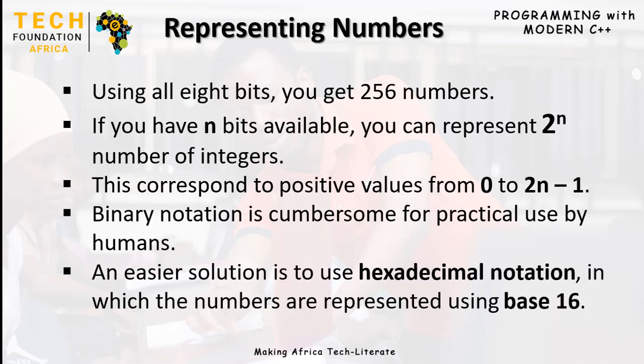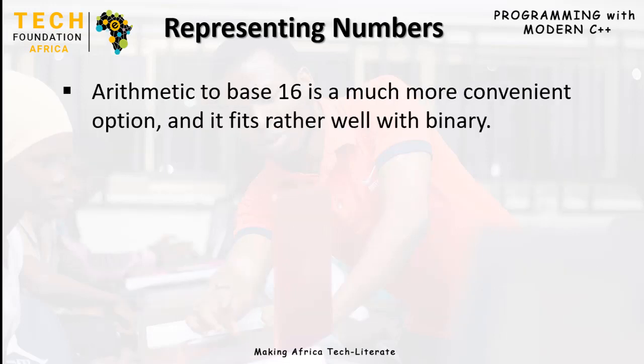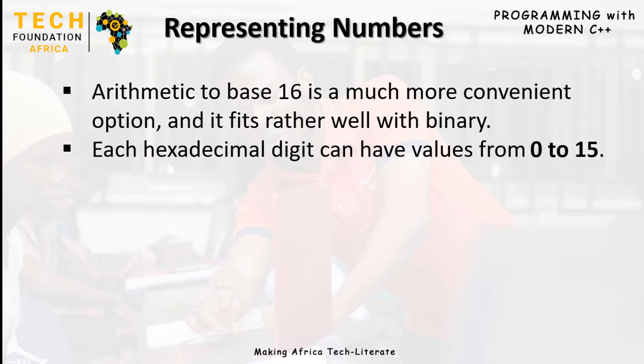There is an easier solution, which is called the hexadecimal notation. In the hexadecimal notation, numbers are represented using base 16. Arithmetic in base 16 is a much more convenient option than binary. Each hexadecimal digit can have values from 0 up to 15, and the digits from 10 up to 15 are represented by letters A up to F. Is that okay?